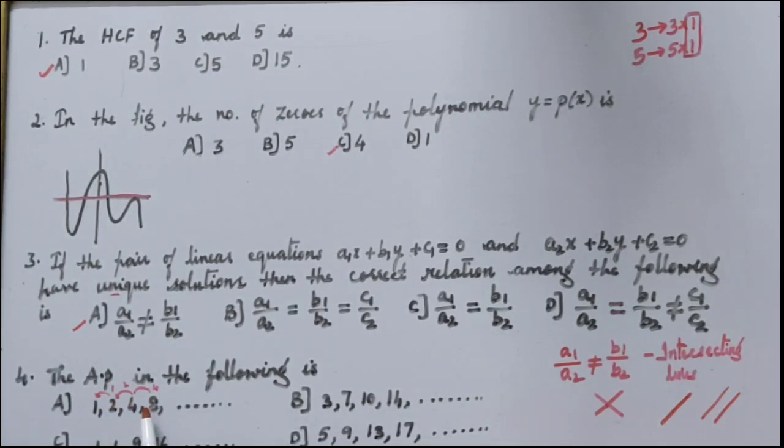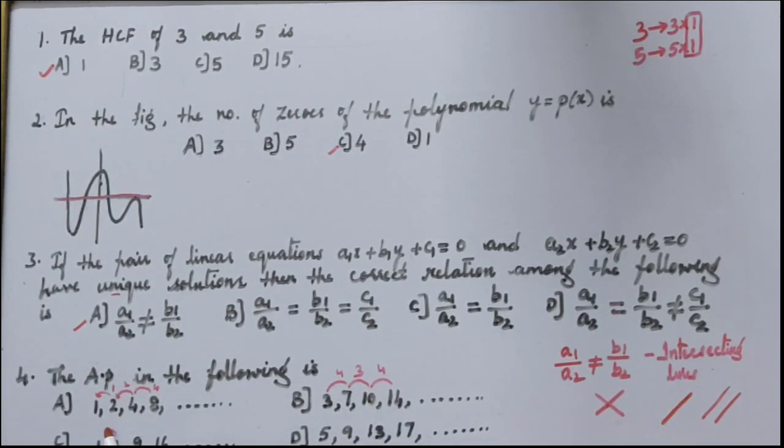So this is not an AP. Here let us check. 7 minus 3 is 4, 10 minus 7 is 3, 14 minus 10 is 4 again. Now can you find any common difference? No. Common difference means all the differences should be the same, right?